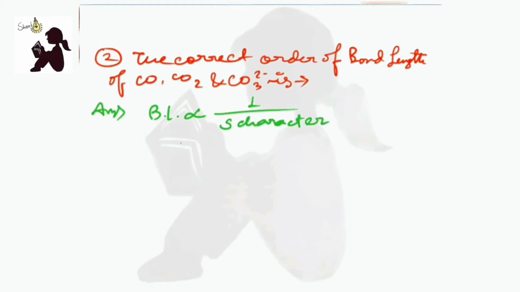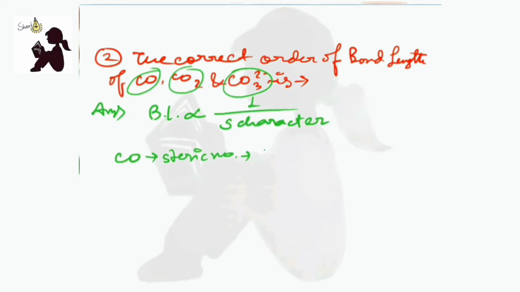So we just have to conclude this molecule's S character and the bond length will come eventually. So let's see, for CO, what will be the steric number? Because from steric number we can conclude its hybridization, and from hybridization we can conclude its S character.